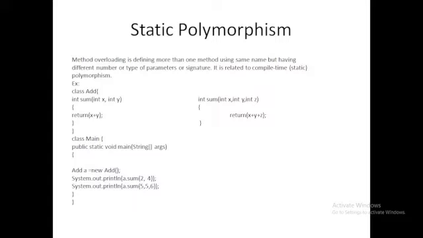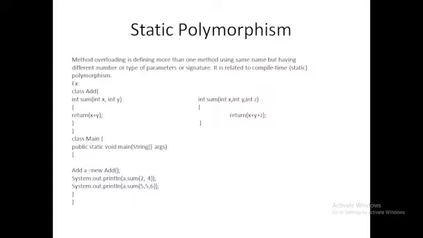Based on this variation in the parameter list, different functions will be invoked based on the arguments we pass. In this example, we have 2 different functions, both named sum. In the first method, 2 arguments are passed and both data types are integer.